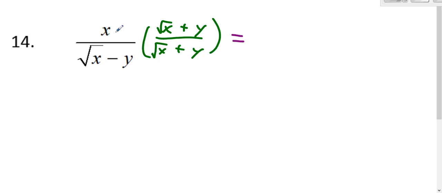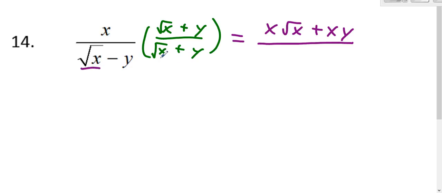So distribute the numerator, x times square root of x plus y. X times y. And then our denominator, again, remember the shortcut. You just have to multiply square root of x times square root of x. It's just x. And then negative y times positive y is negative y squared.